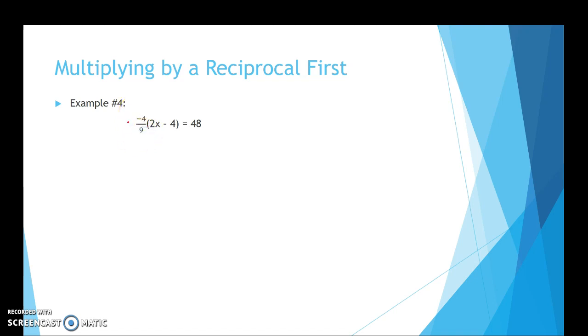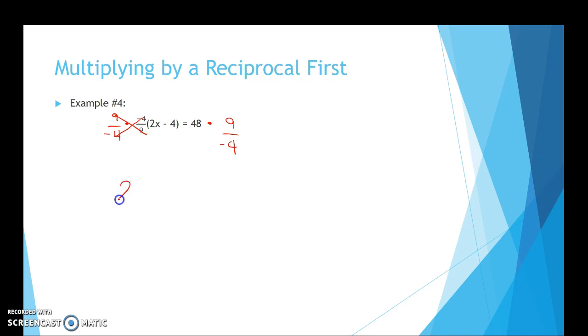So what I'm going to do actually is I'm going to multiply by the reciprocal here on the left. Remember, when you're solving equations, whatever you do to one side, you have to do the same to the other. So multiply by 9 over negative 4 on the right. On the left side, that negative 4/9 will cancel since we multiplied by the reciprocal.